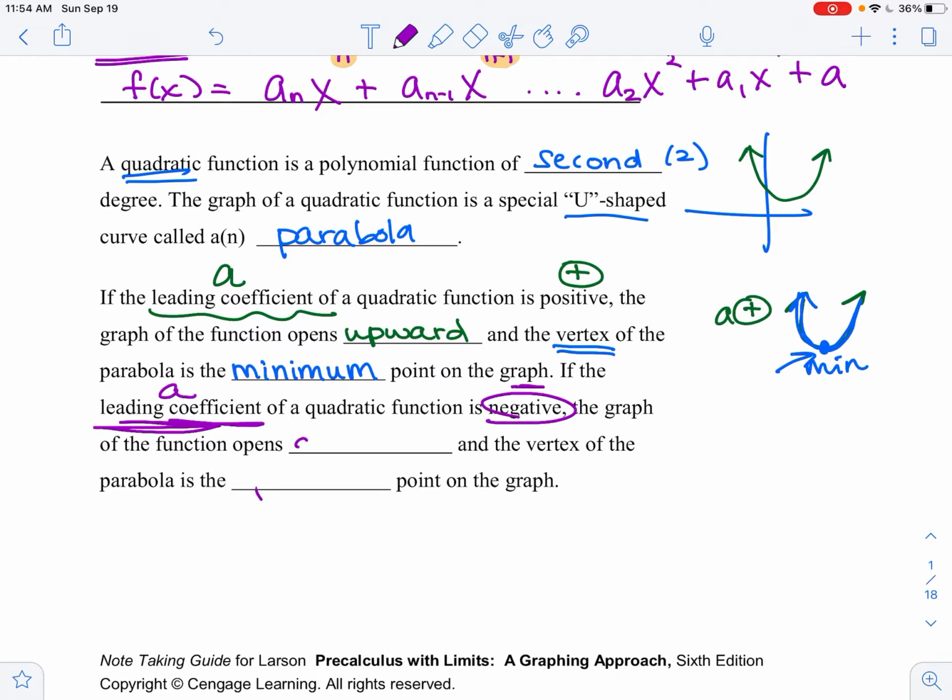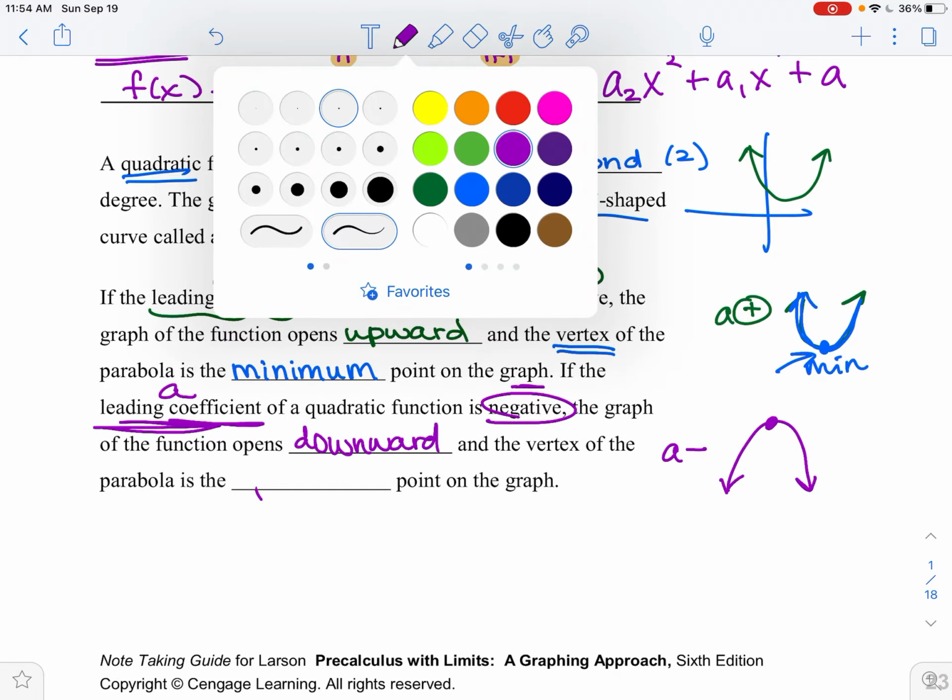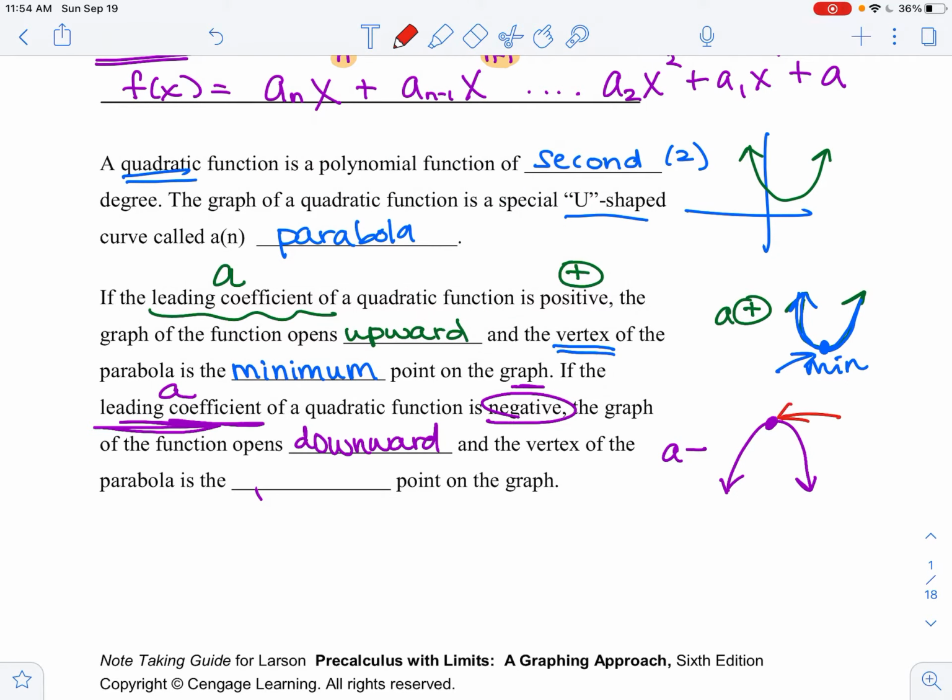Then the graph opens downward. It's a frowny face because its attitude is pretty negative, right? Just like us. And its vertex, in this case, will be a maximum. And that's because the vertex is the highest point.